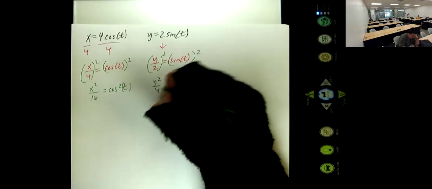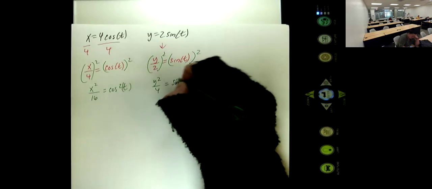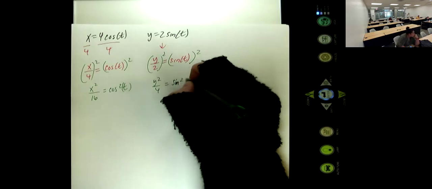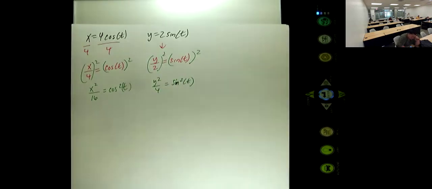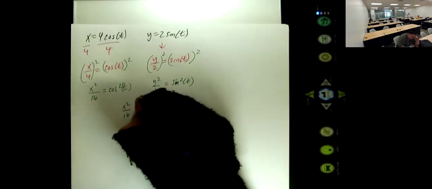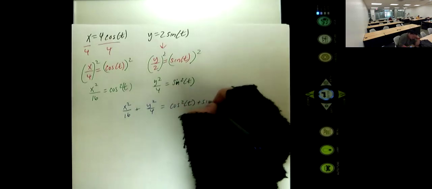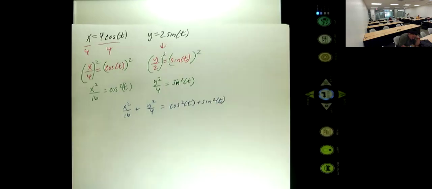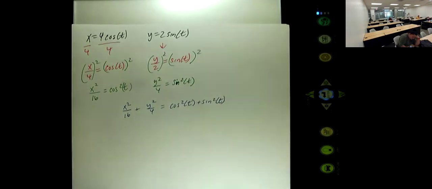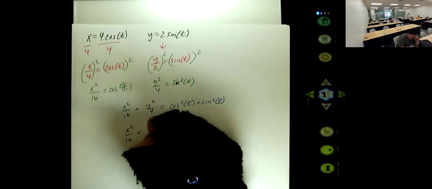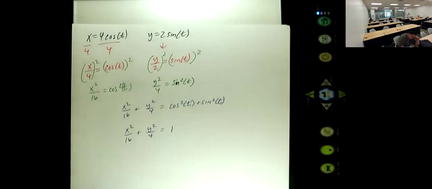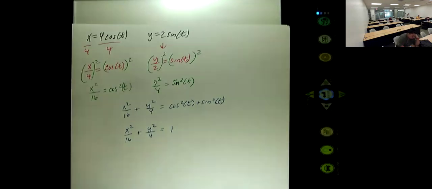Y squared over 4 equals sine squared t. And if I add the two sides together, we get our equation, and it was actually easier than the triangle method. I knew it was easier, I just totally brain farted the right order. That's so silly.